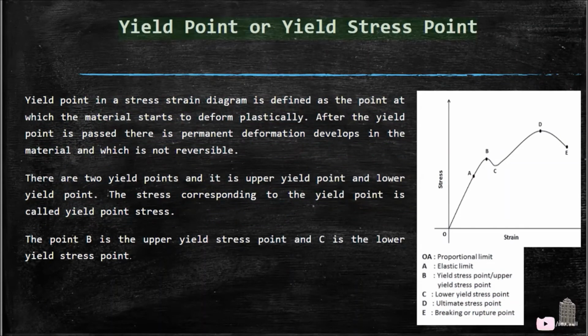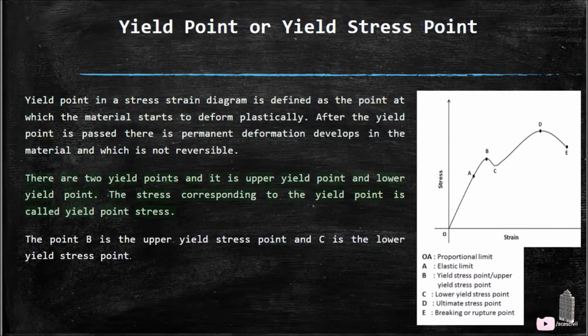Yield point or yield stress point. Yield point in a stress-strain diagram is defined as the point at which the material starts to deform plastically. After the yield point is passed, permanent deformation develops in the material and is not reversible.